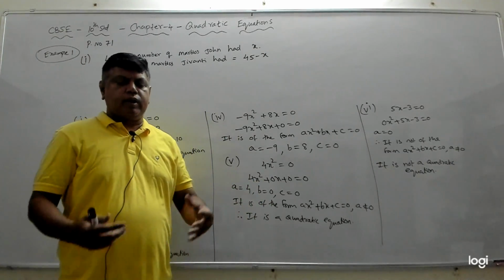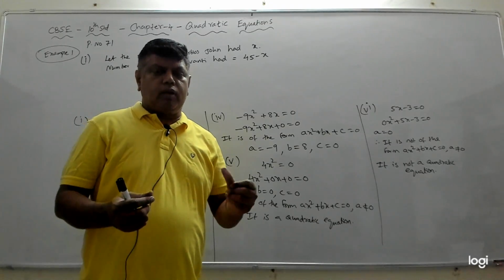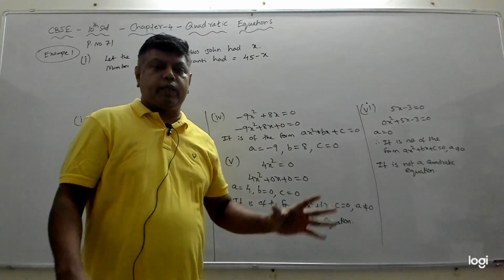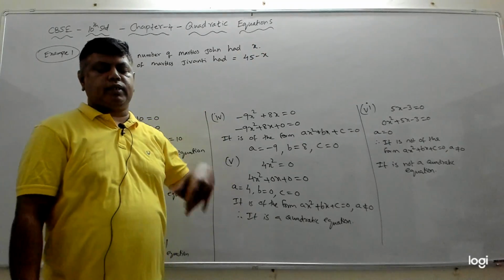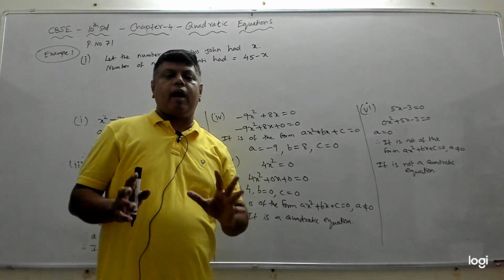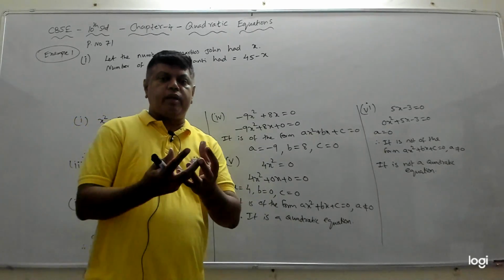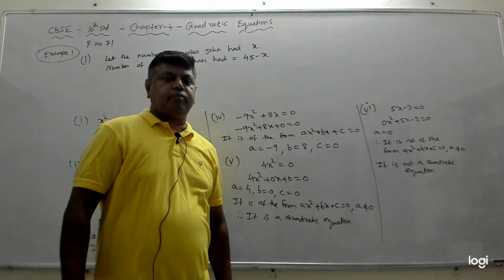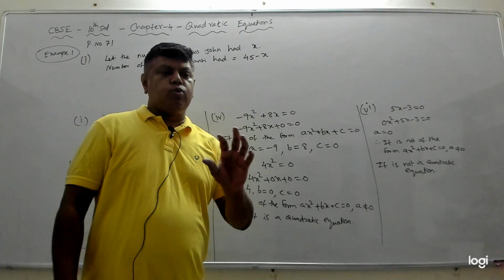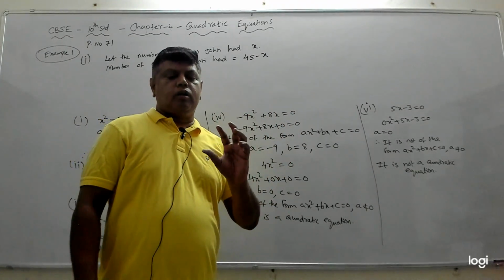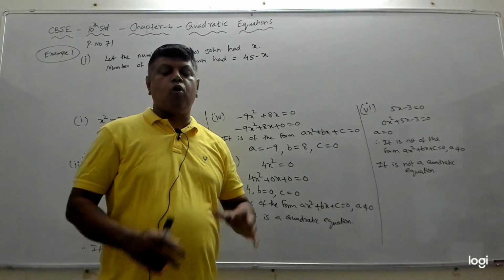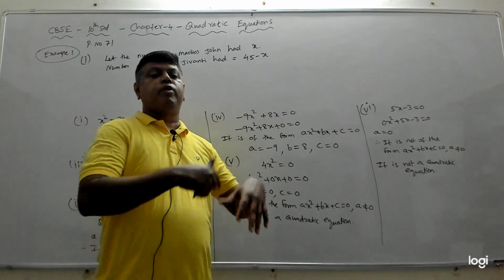Clear? So for example, I'm just giving an example and then trying to explain this, how it is 45 minus X. Suppose you and your friend have together 45 rupees. Let's assume that you and your friend together have 45 rupees. Now you have 20 rupees. And how much your friend will have? 25 rupees.